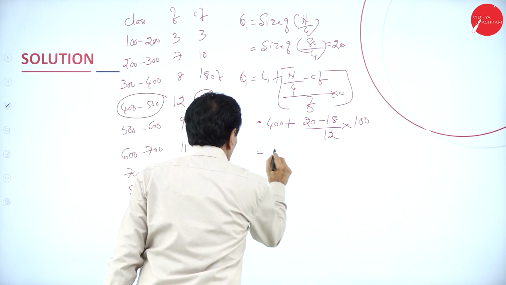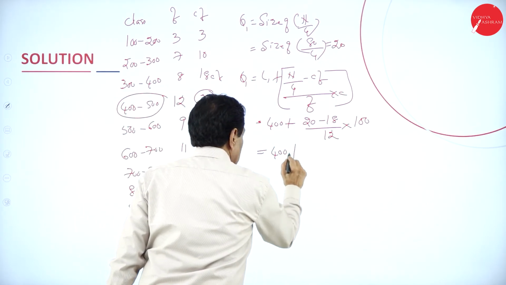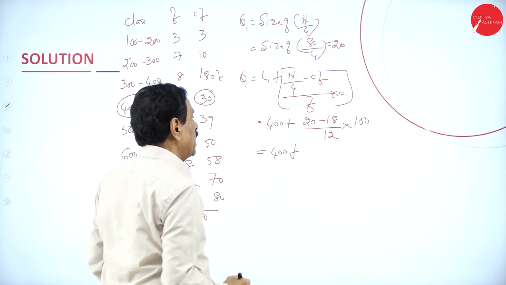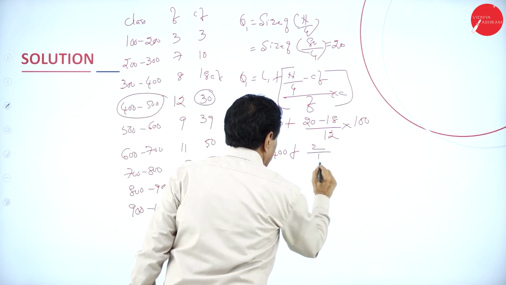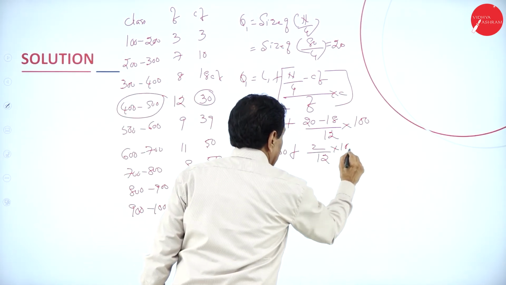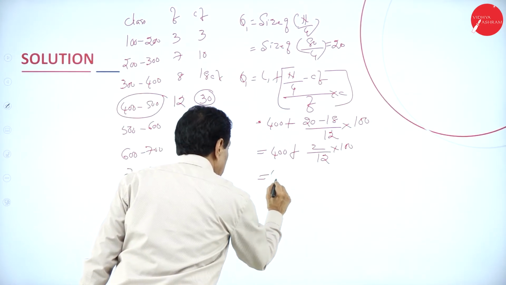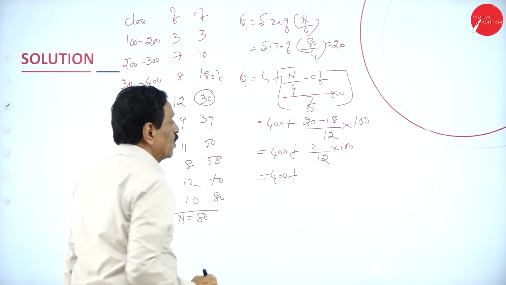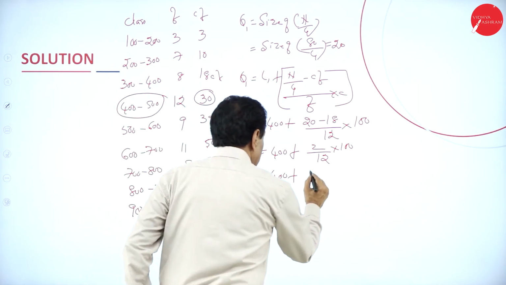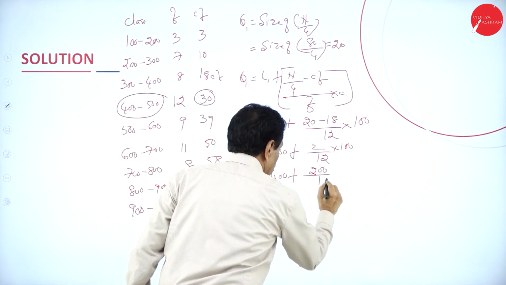Simplify. 400 plus 20 minus 18, which is 2, divided by 12 into 100. This is 400 plus 2 into 100, which is 200, divided by 12.